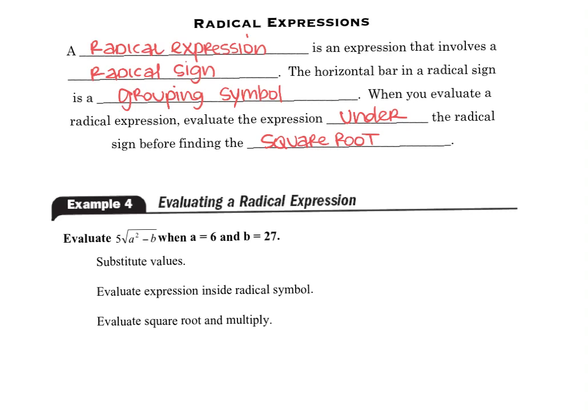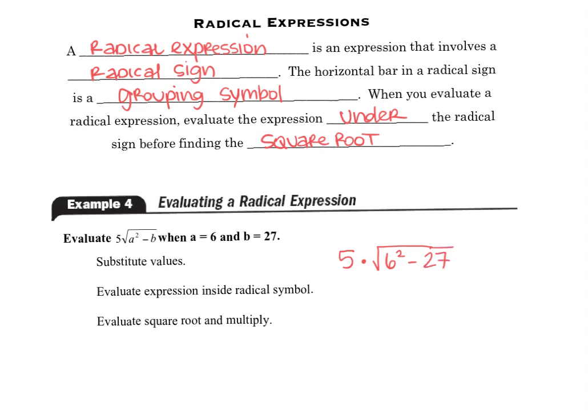So here's our first example. Evaluate 5 times the square root of a squared minus b. All right, so just as always, the first thing we're going to do is plug in a and b. So this is 5, and remember when there's no operation, we know that's multiplication. So 5 times the square root of 6 squared minus 27.